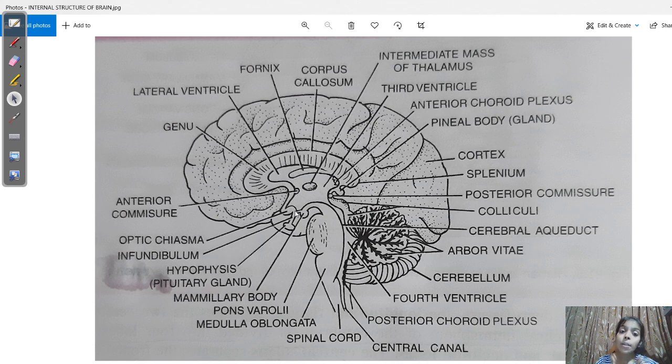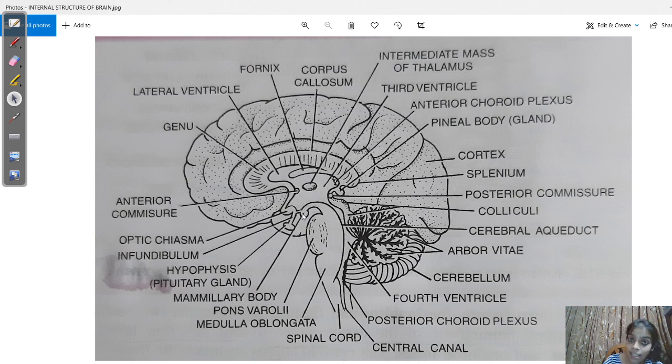So these are the main functions of hypothalamus. It also sometimes controls hunger and thirst. Center for hunger and thirst we will find in hypothalamus. So this is all about diencephalon.